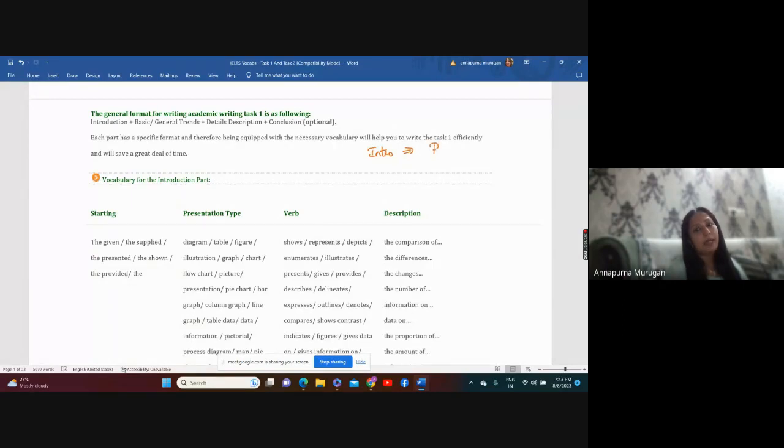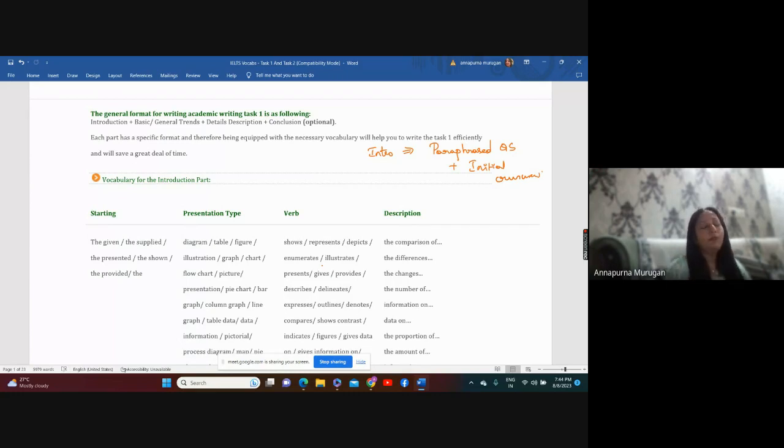One is the paraphrased question statement, the other is the initial overview. When we talk about the paraphrased question statement, whatever is given in our question, you present the same idea but using your own words.